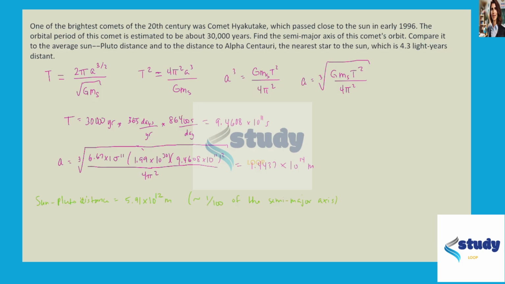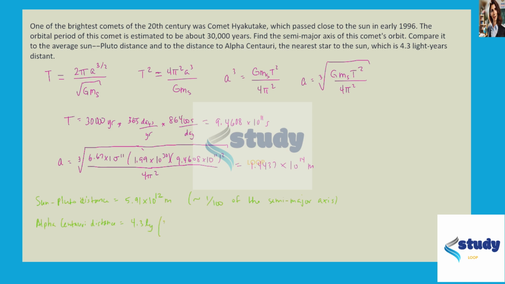And then for the Alpha Centauri distance, we need to convert that 4.3 light years into meters.